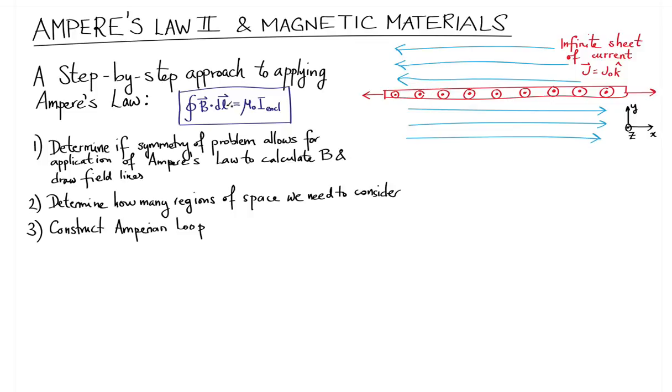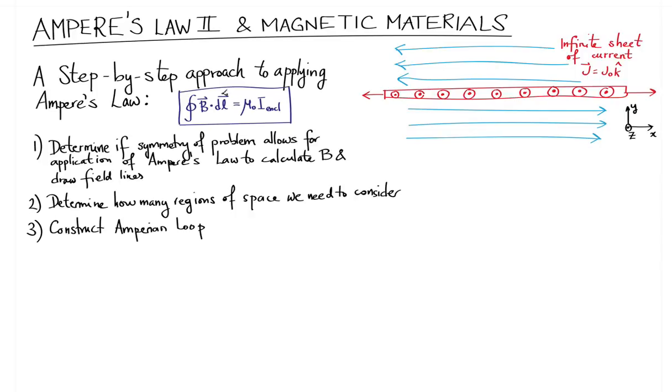Okay? So what we would do instead is pick an Amperian loop where evaluating this is very easy, which means we want to make some kind of closed loop where B is either constant and parallel to a side of our loop, or it could be 0, or it could be perpendicular.